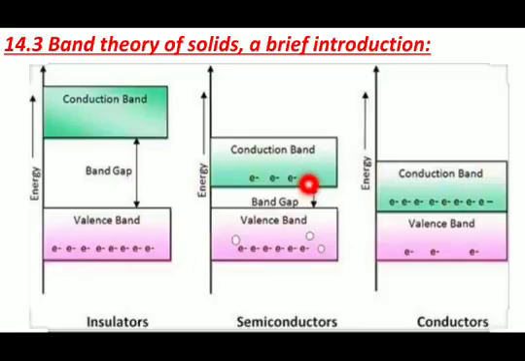These electrons, though small in number, can move in the conduction band. Hence, the resistance of semiconductors is not as high as that of insulators. Let's see the last one.